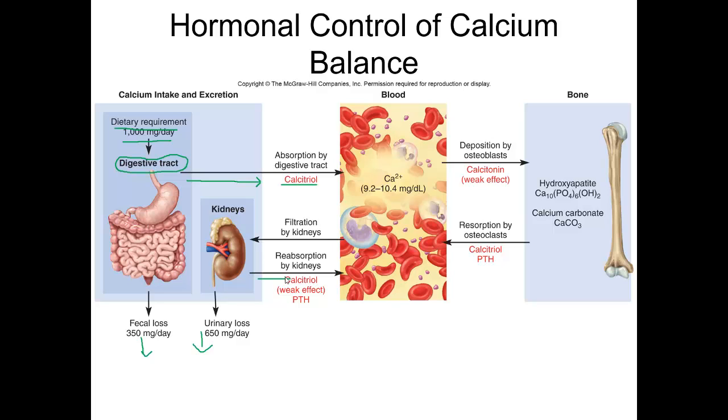Now, once it reaches normal blood levels, it is deposited onto the bones by calcitonin and the osteoblasts, which are the bone depositing cells, directly onto the bone. When the blood calcium level gets low, osteoclasts, which are the bone chipping away cells, bring the blood calcium levels back up, along with the calcitriol and the parathyroid hormone.